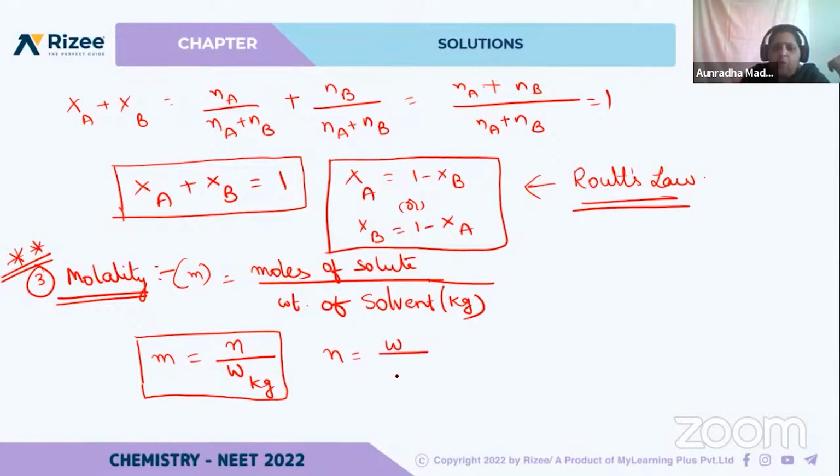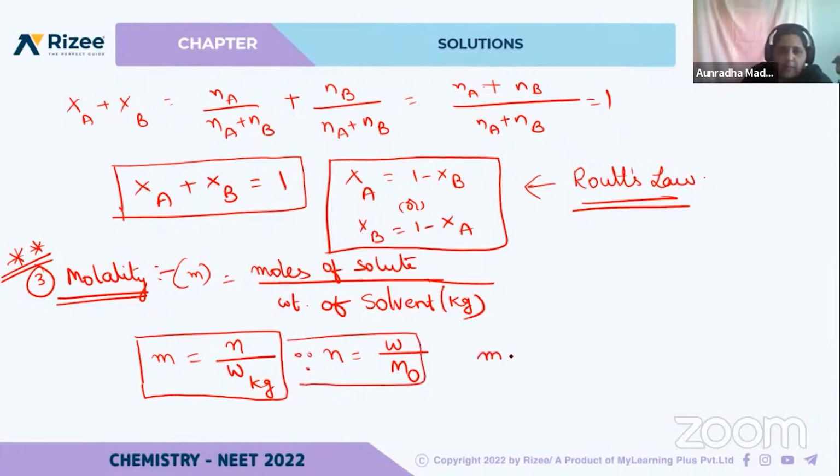It is W by molar weight, M naught. So substituting this in the expression, small m is equal to W by M naught into W in kgs.